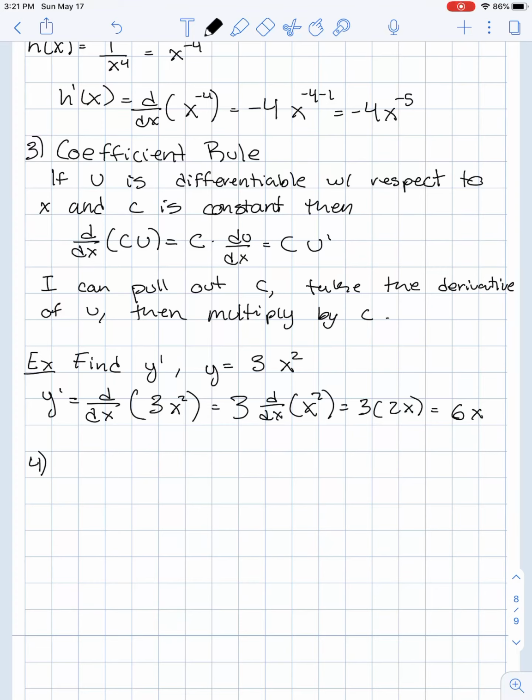So another one, I think this is number 4. They kind of go together. So sum and difference rule.